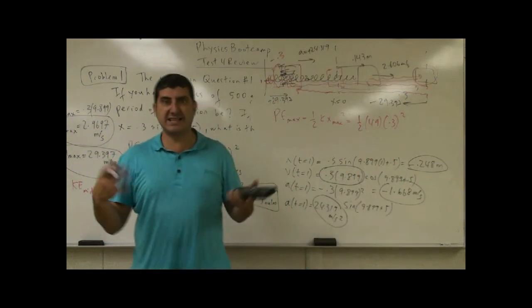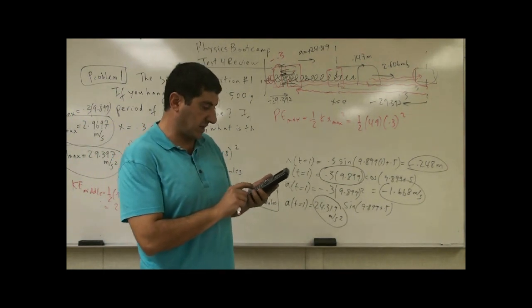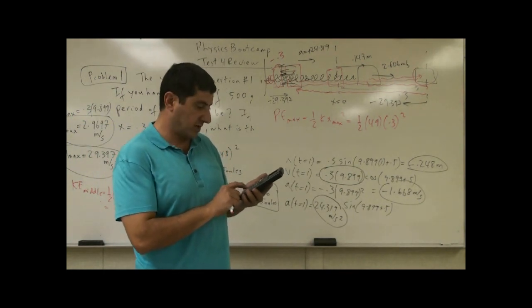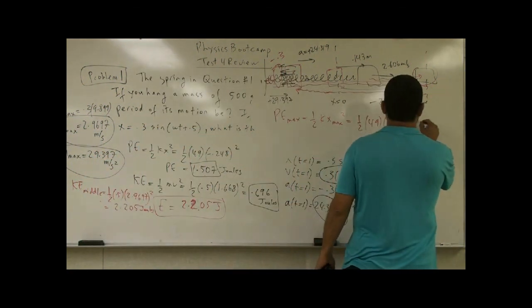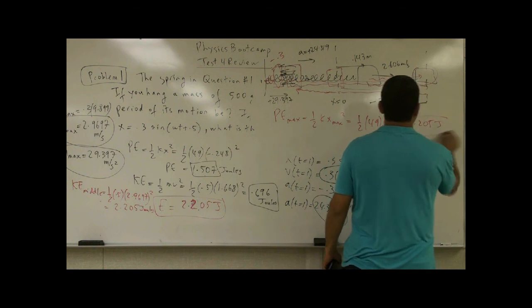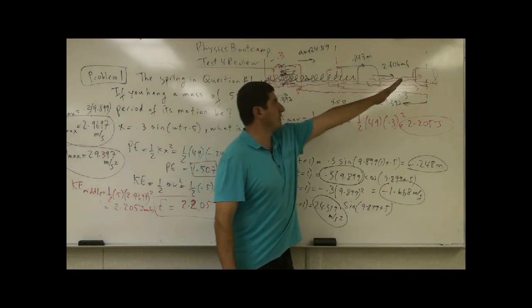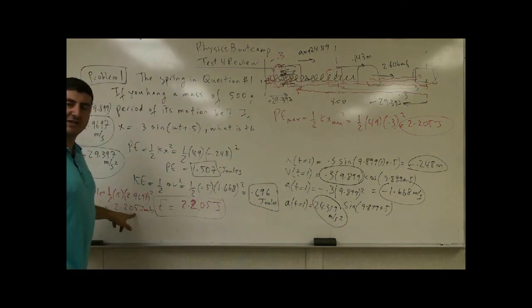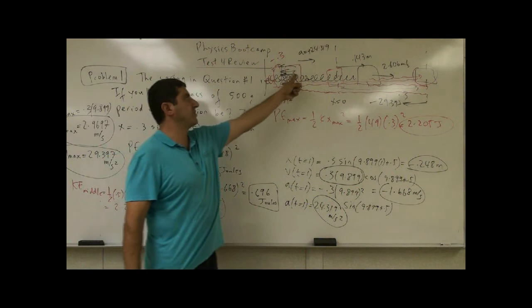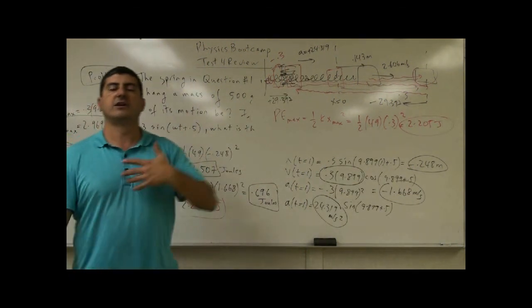So this one has the least rounding in it. That's 24.5 times 0.09, 2.205 joules. So now I know which one has the least rounding. 2.205 joules potential energy. In the center, it has 2.205 kinetic energy, and then the sum of the kinetic and the potential here also equals 2.205.